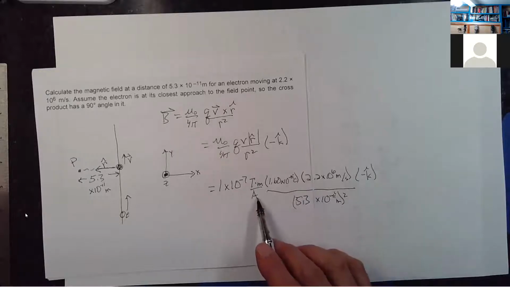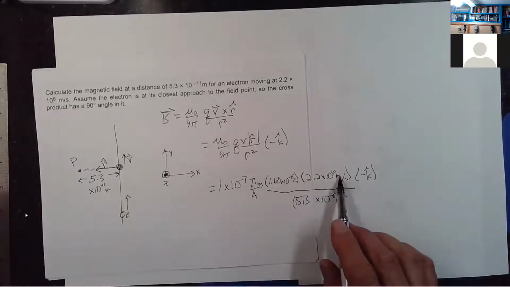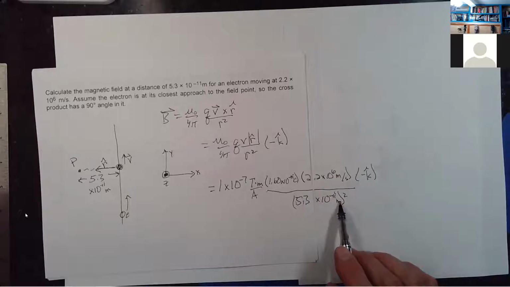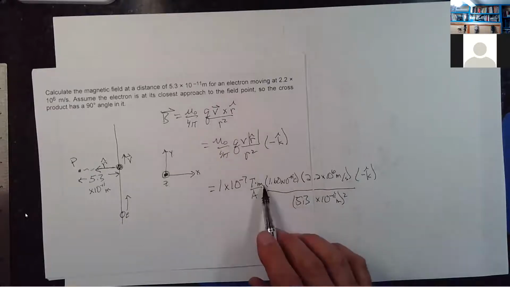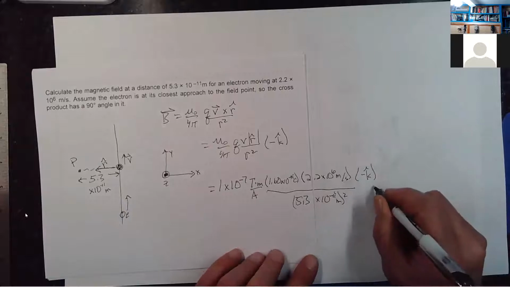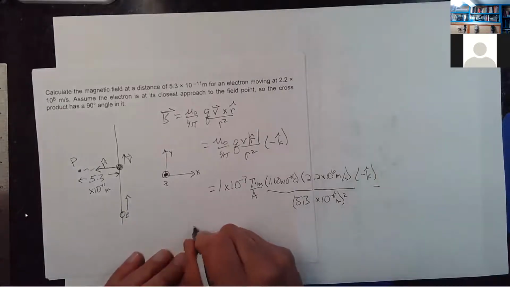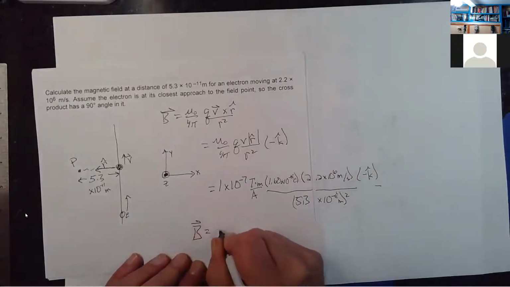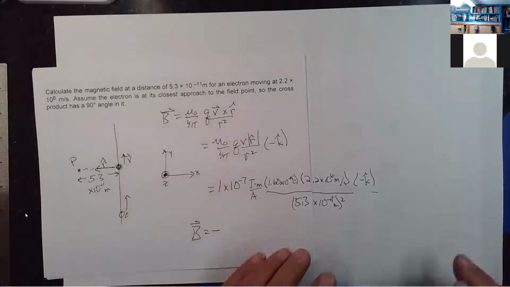That'll divide with that ampere. Then I've still got the meter here, but I've got meters squared on the bottom, which gives me meters on the bottom just to the first power, and that'll divide with that. So I'll end up with Tesla for the strength of my magnetic field. So B is going to be, I'll put a minus sign on it right from the start because that's its direction.